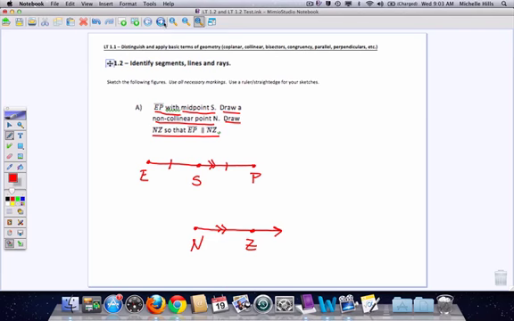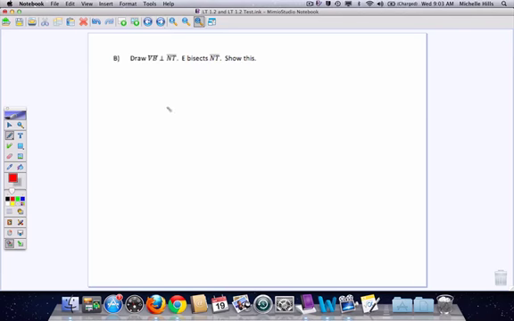So the next problem says draw line VB perpendicular to segment NT. And then I'm just going to read the rest of the problem to myself. E bisects segment NT. So, first I think I'm going to draw segment NT with E as a bisector, because I'm thinking that's maybe a good place to start, even though it's not the first thing they say.